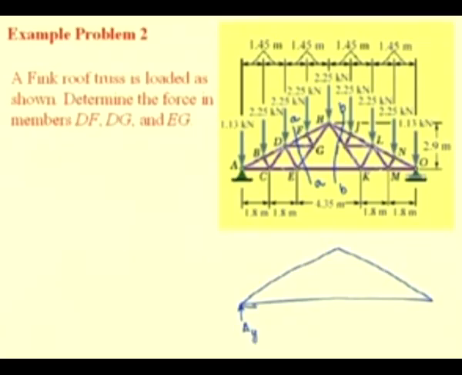We have 2 components of reaction, AX and AY. At A, since the truss is connected by a pin joint, and at O, since we have a roller, we have a single component of reaction OY. Other forces are acting at various points.